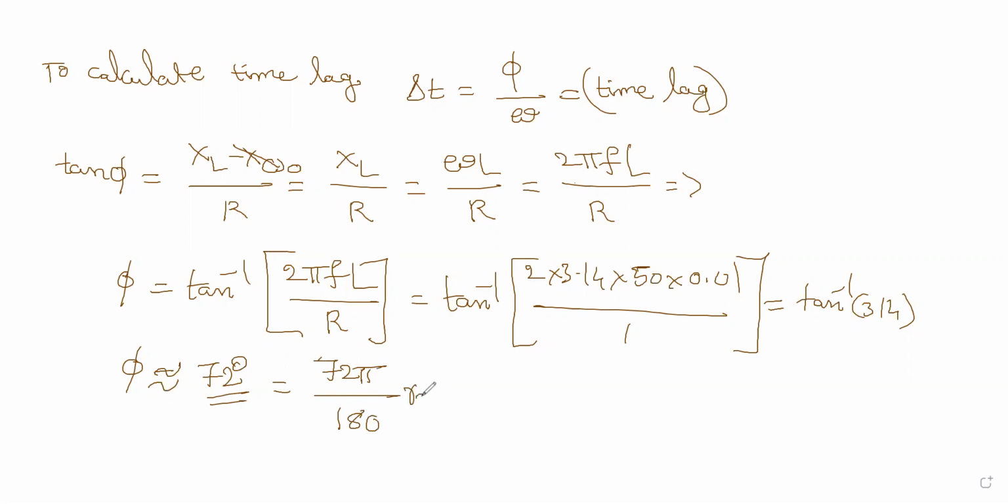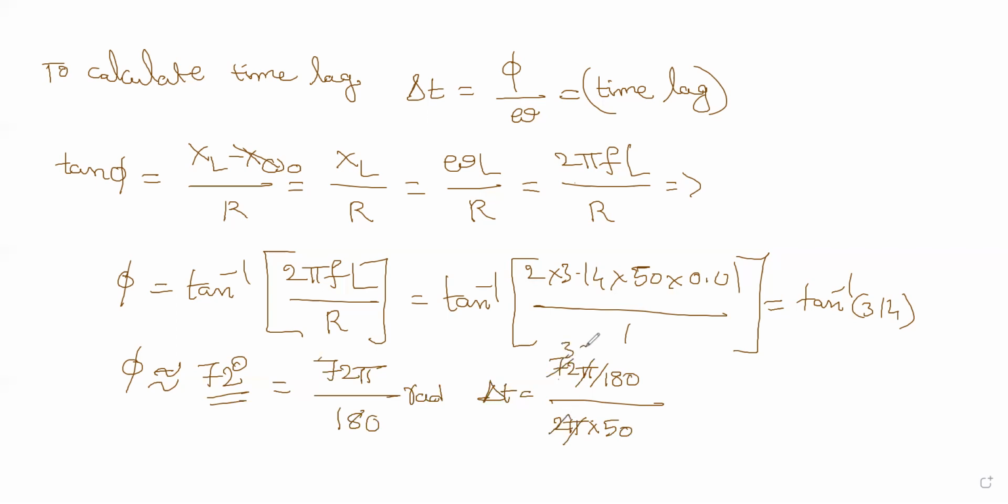And now the time lag is phi by omega. So that is delta t. Phi is 72 pi by 180. Omega is 2 pi into F. F is 50, the frequency is 50 hertz.